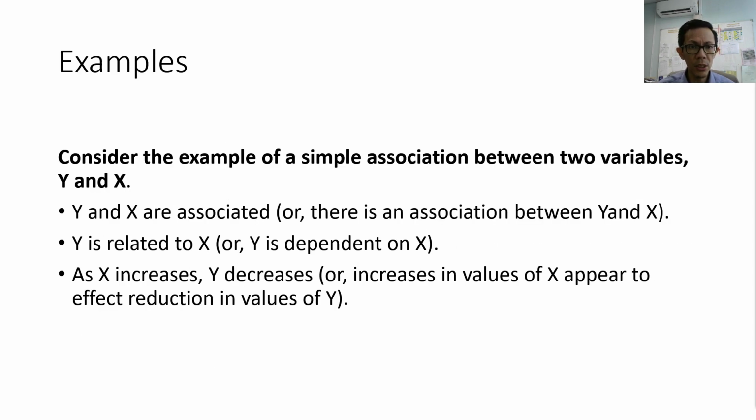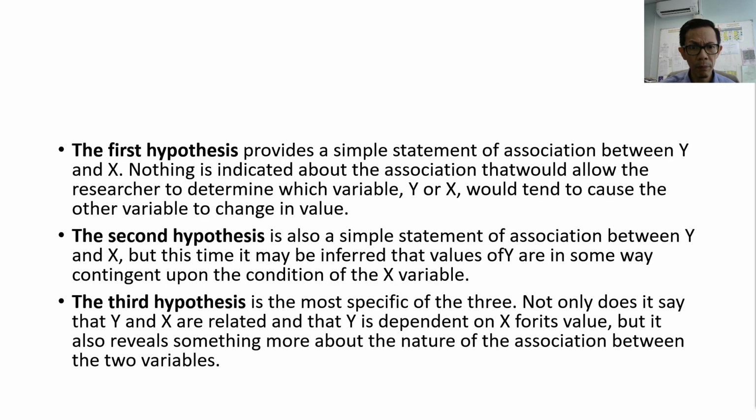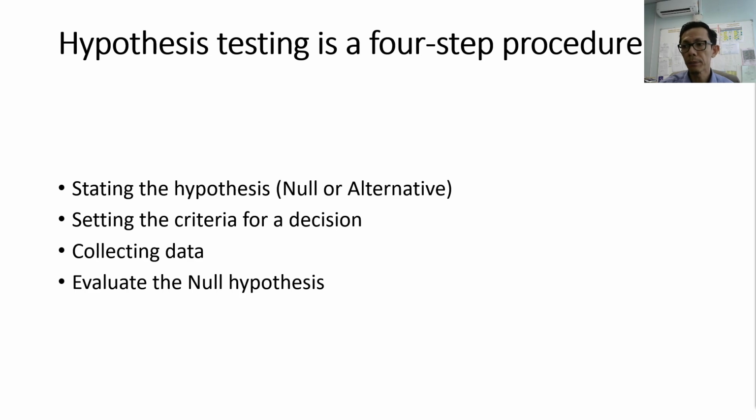The third hypothesis, as x increases, y decreases, is the most specific of the three. Not only does it say that y and x are related, and that y is dependent on x for its value, but it also reveals something more about the nature of the association between the two variables.